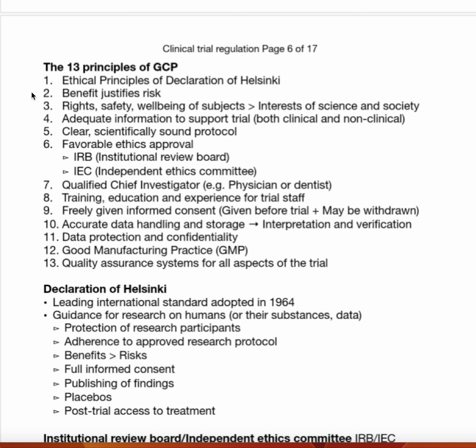And then we talk about the benefits more than the risk, the rights and the safety of the subject, the clinical and non-clinical information of a clinical trial. The protocol should be clear and scientific, everything related to the protocol, like this information should be clinical and non-clinical and adequate and should be clear and scientific. This is about the protocol itself.